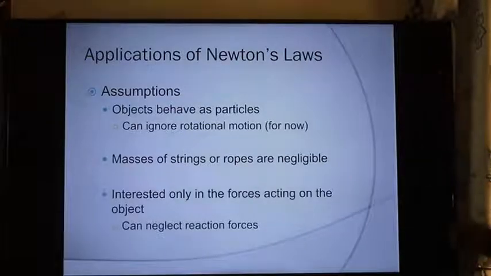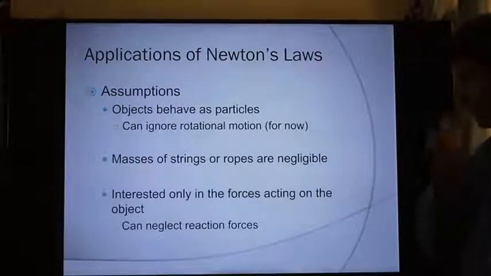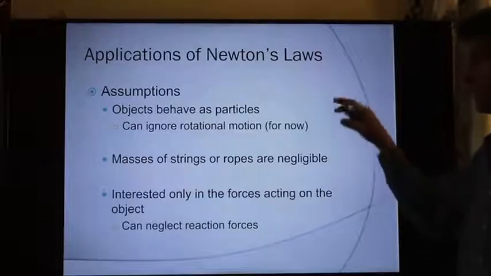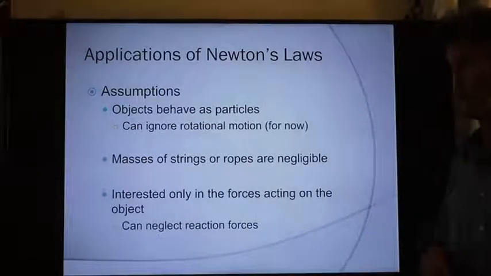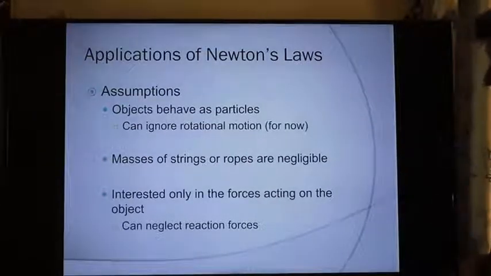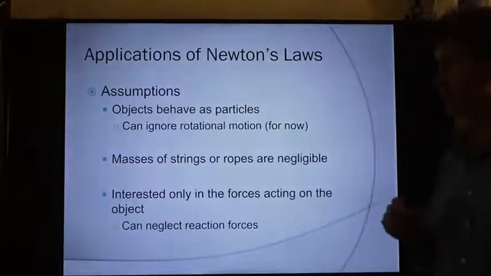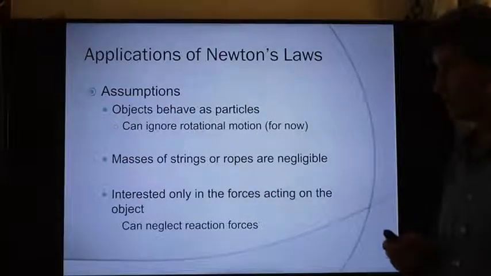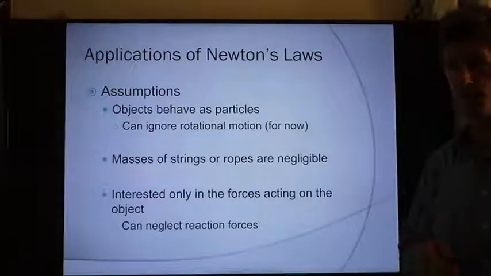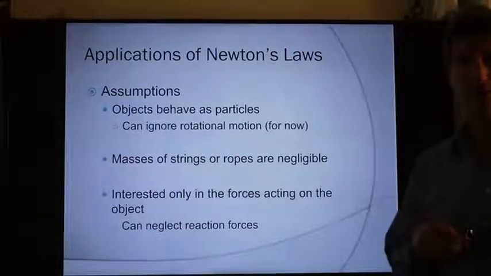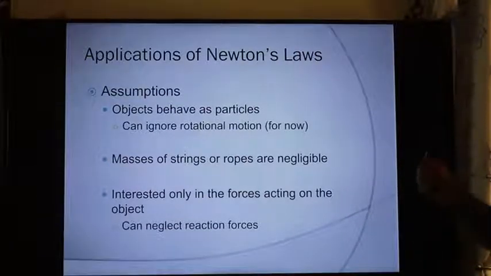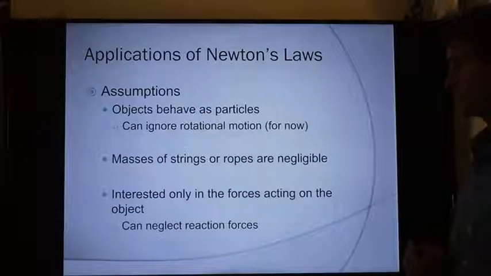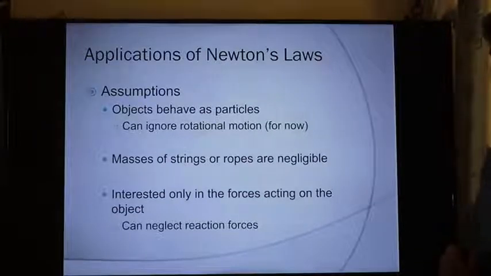Now, we have to make some assumptions to simplify the whole thing. First of all, we look at different objects behaving like particles at this point. Essentially, all the forces are going to act on these objects pretty close to their center of mass. Later on we'll talk about torques, but for this case, we're only looking at translational forces. We assume that all masses of strings, ropes, cables are negligible.